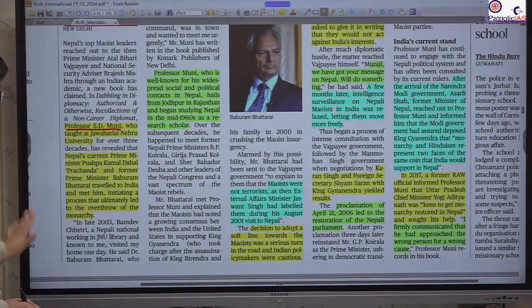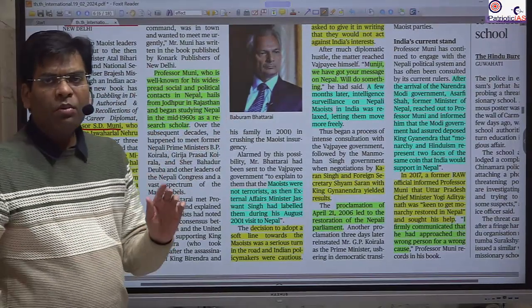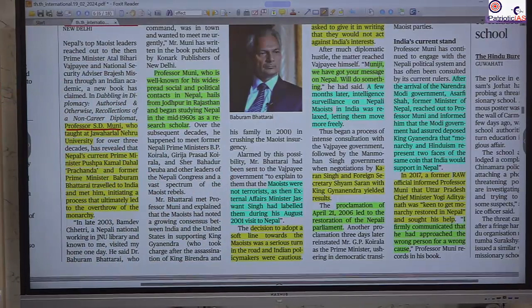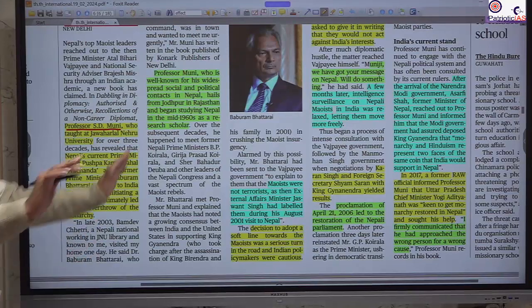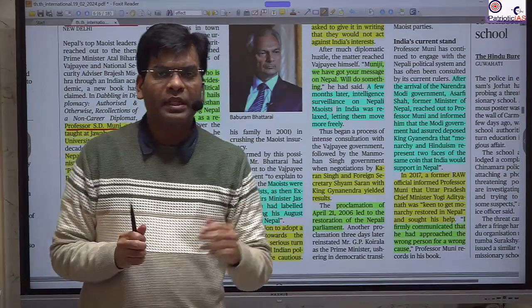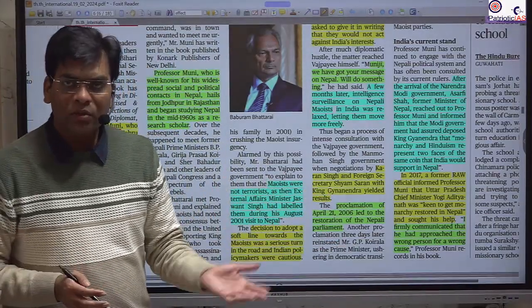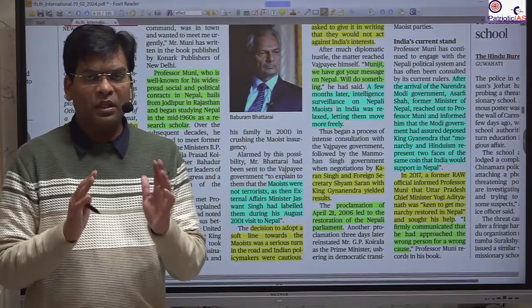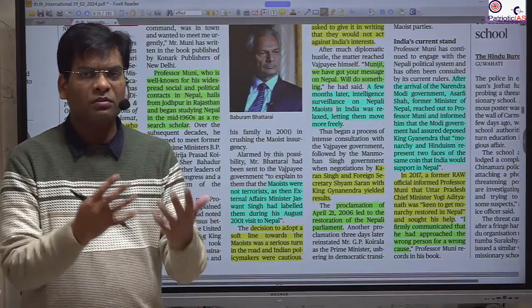Here it is talking about how, during the Atal Bihari Vajpayee government, the Maoists approached the Prime Minister, asking India to reduce its opposition, because at that particular time India was very much against the Maoist movement in Nepal. So the Maoist approach was that please dilute your stance.